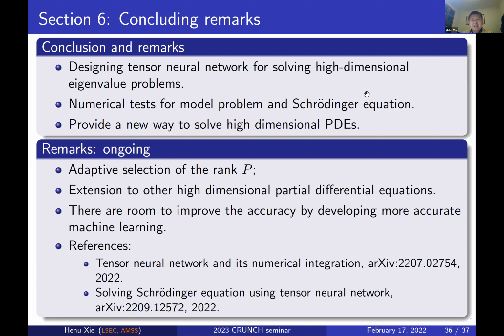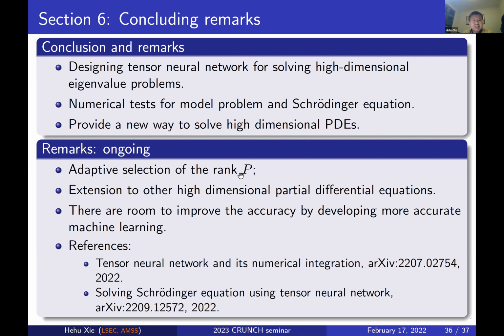Different from the Monte Carlo method, maybe we need a new way to solve high-dimensional partial differential equations. And there are also some other questions you need to study.